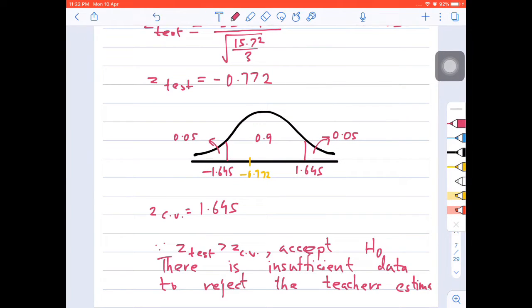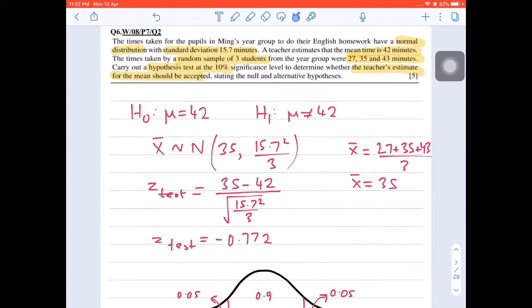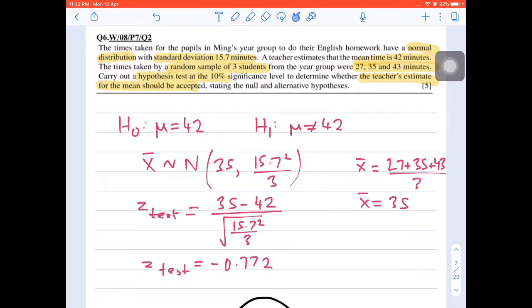I'll just go over this again. So basically, we knew that a teacher had estimated that the mean is 42 minutes. We had to test whether the estimate should be accepted. So that means it's a two-tailed test. So H0 is mu equals 42, H1 is mu not equal to 42. Then, because it was a normal distribution, the distribution of sample means will also be normal.